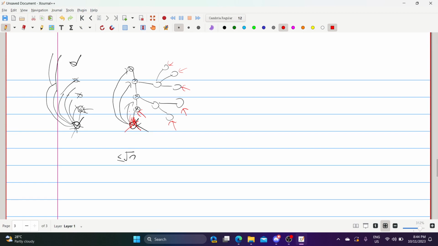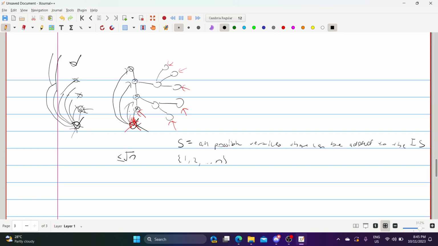Then if each time you only block square root n, let's say at the start we have a set S equal to all possible vertices that can be added to the independent set.